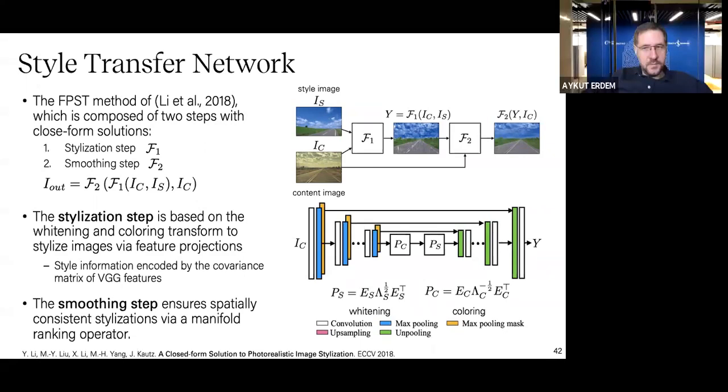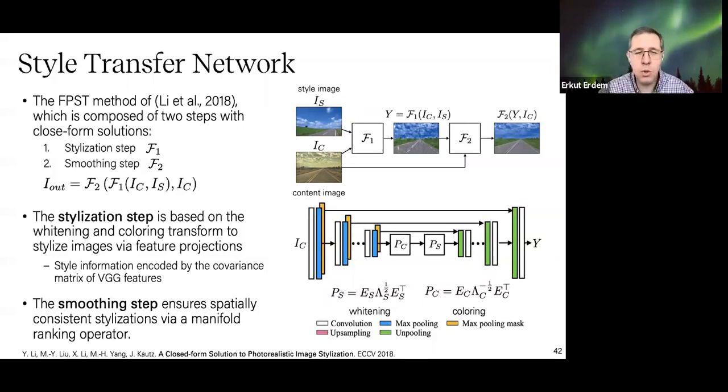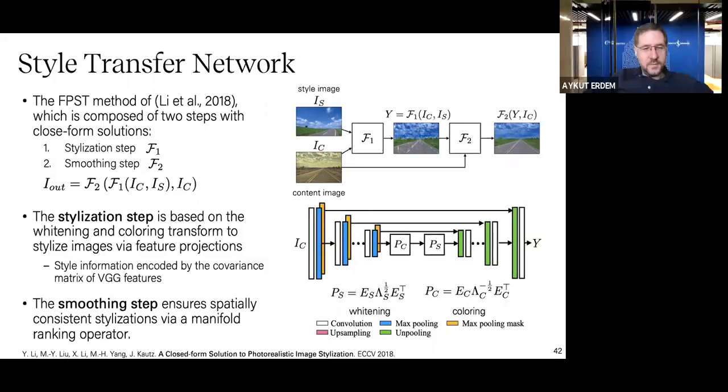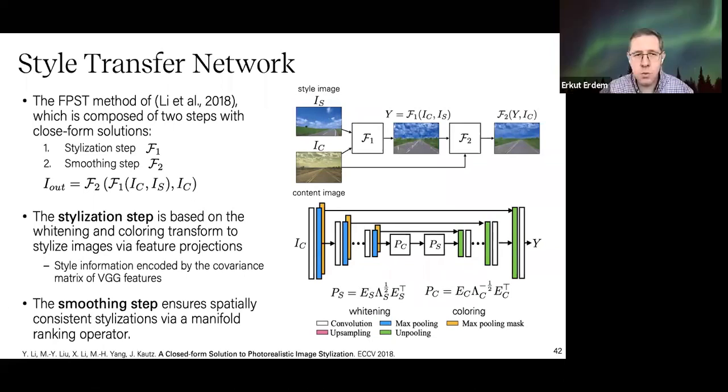So in short, this model is composed of two different steps with some closed form solutions. So the first step is a stylization step, and the second step is a smoothing step. So the main purpose of the stylization step is performing the transformation of the original image to a styled image. And for that purpose, it uses the whitening and coloring transformations via feature projections, again, by considering a deep model.